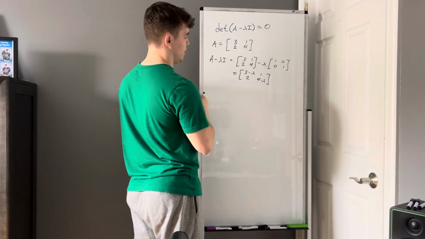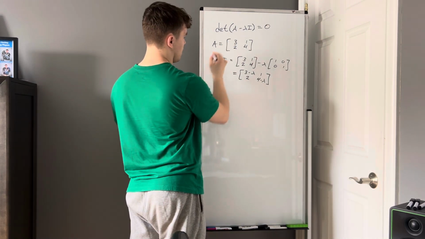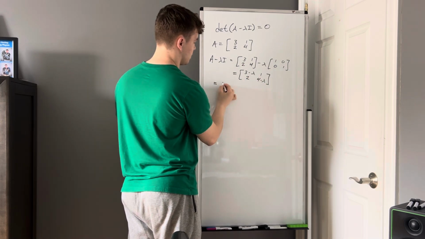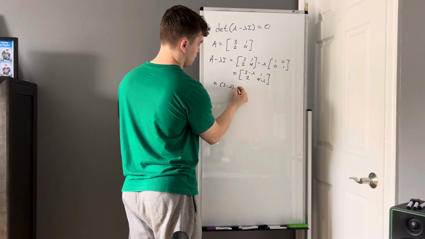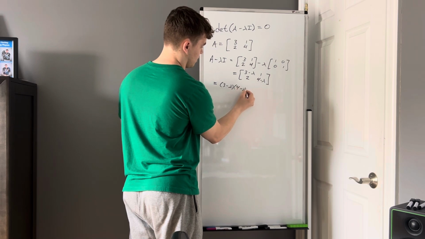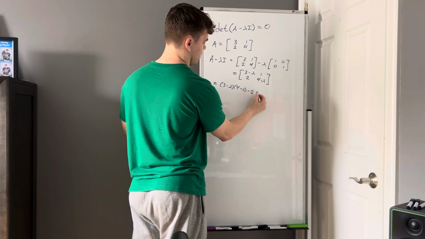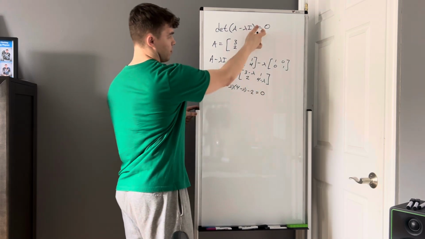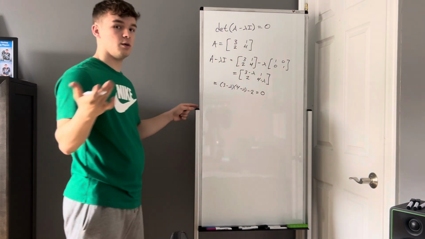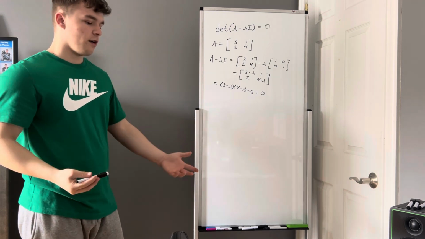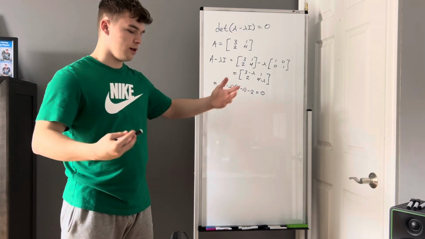So the determinant of this is just going to be this times this minus this times this. So 3 minus lambda times 4 minus lambda minus 2 times 1, or 2, sorry. And we're going to set this equal to 0, as according to our formula. Now we solve this, we expand, and then we factor.